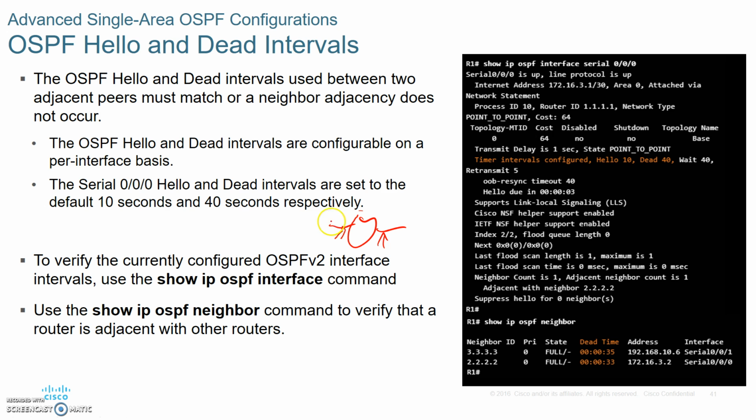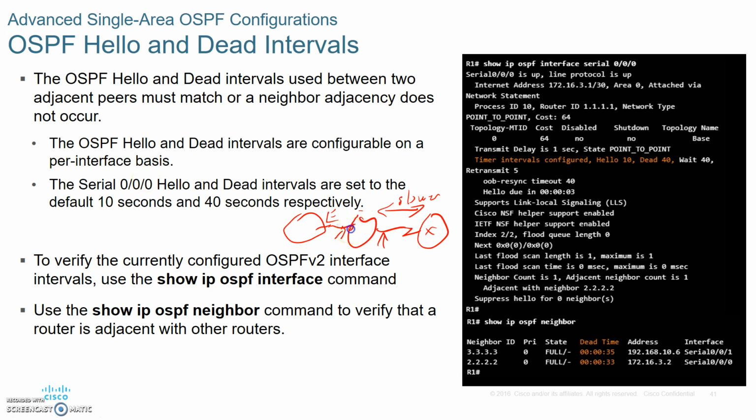A typical example is a router connected to another router using Ethernet and to a third router using a serial cable. Obviously the serial interface is slower, so we expect a longer hello and dead interval. Compared to Ethernet, which is faster, we expect a shorter interval. So we can configure them on a per interface basis.